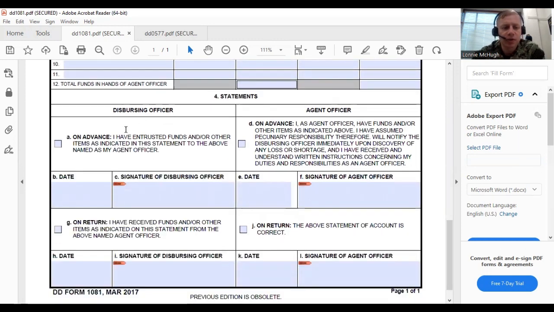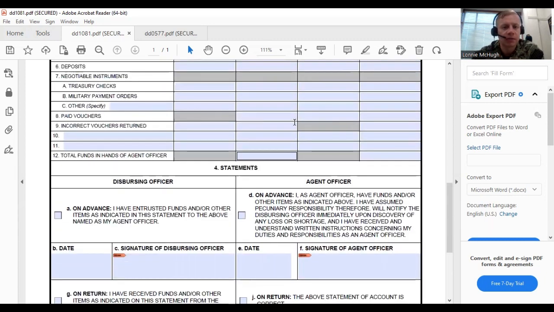Important to note on here, you also have the disbursing officer section to fill out and the agent. So you both have to sign this in order to make it valid.